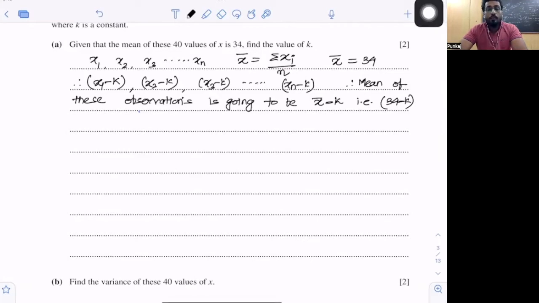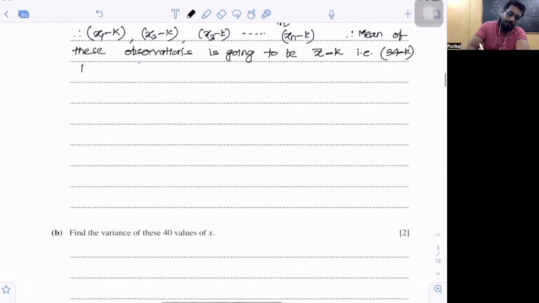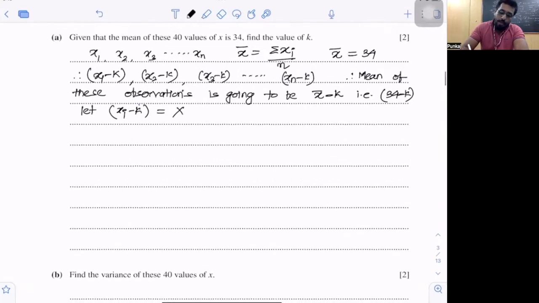So the mean of these observations is going to be 34 minus k. So let us say that this xi minus k is represented as capital X. So therefore I can say capital X bar is going to be small x bar minus k, or I say 34 minus k.